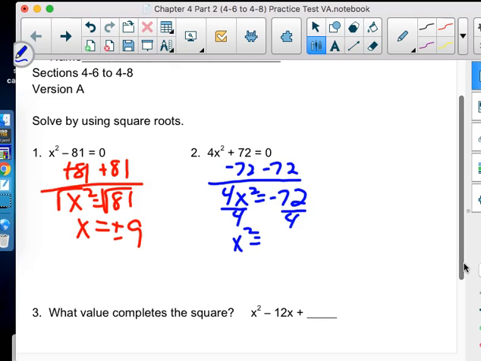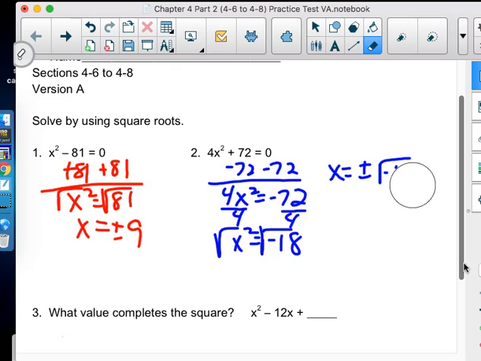Punch it in. Negative 18. Square root. So don't forget your x equals plus or minus. Negative square root of 18.